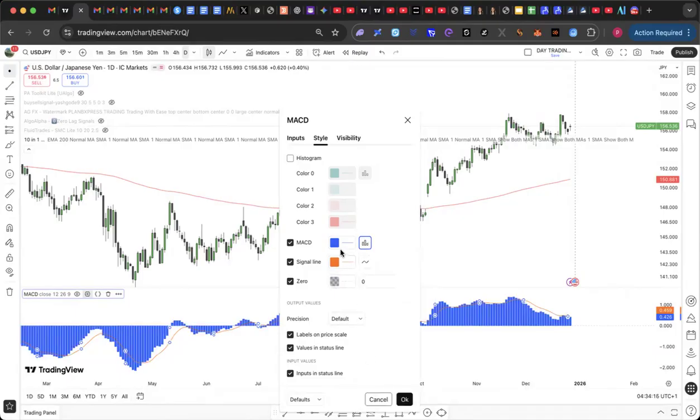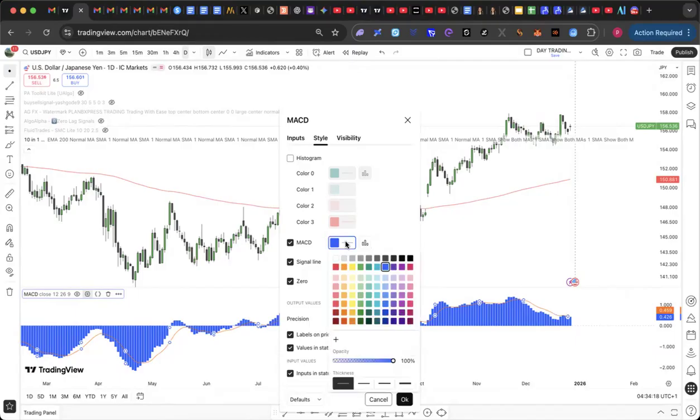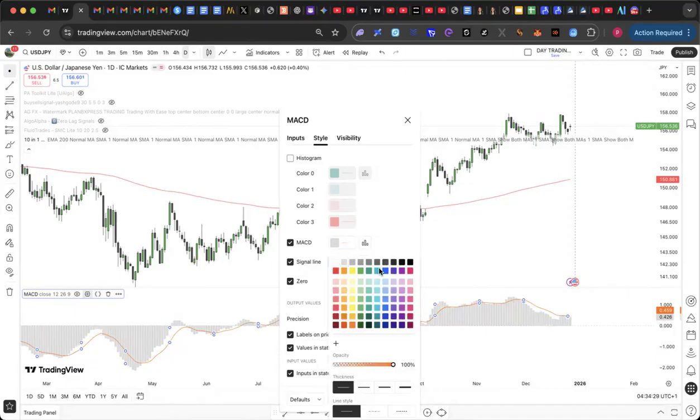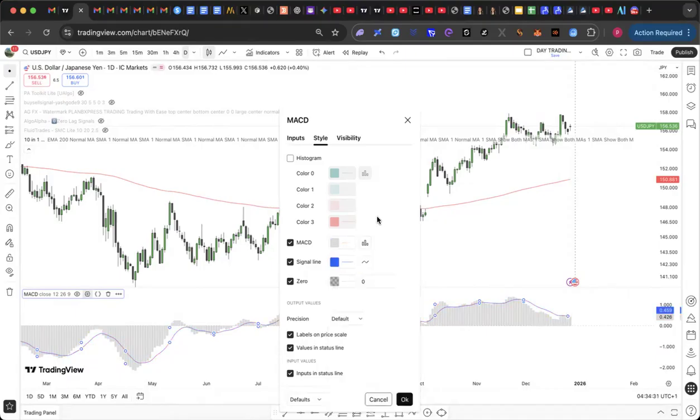And then you can change this color to what you like. Now the MACD line, I can remove it from that orange and put mine in blue. All right, so remove all of this stuff here.